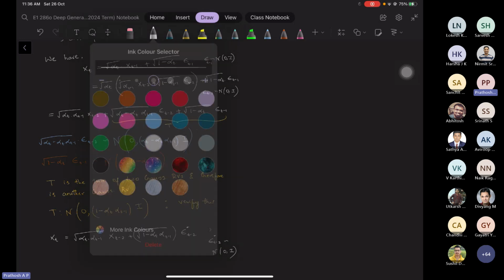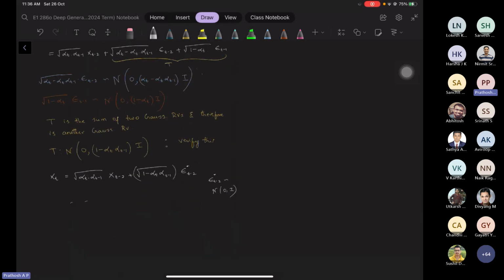Yeah. So now I can do this again, go recursively. I can keep doing this.